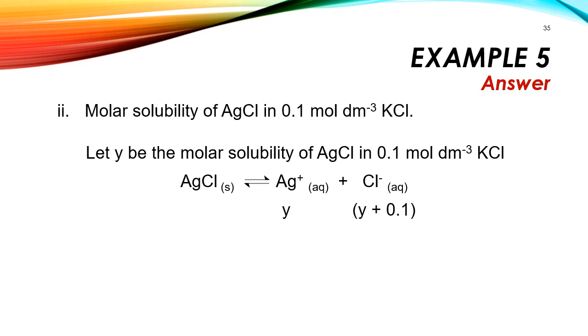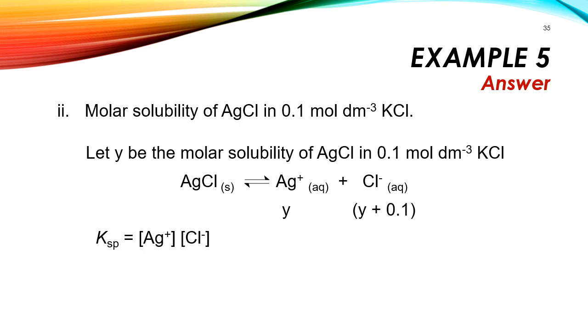This is because the chloride ion is a common ion from both argentum chloride and potassium chloride, whereas we have assumed the solubility of argentum chloride is y and the KCl present is 0.1 molar.